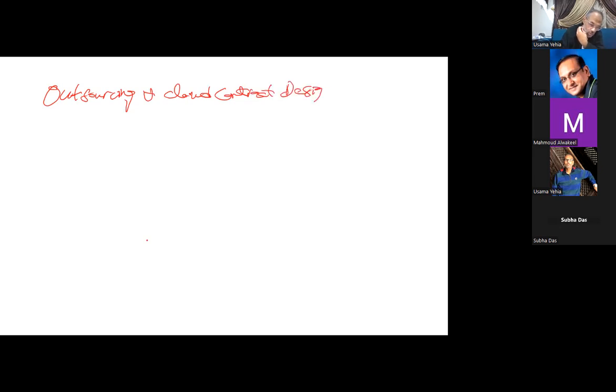As we mentioned, gentlemen, the cloud contract and SLA are very, very important because these two items will regulate the relation with the cloud service provider: what are your expectations, what are your requirements, how the roles and responsibilities are split between the cloud service provider and the cloud customer, and so on.